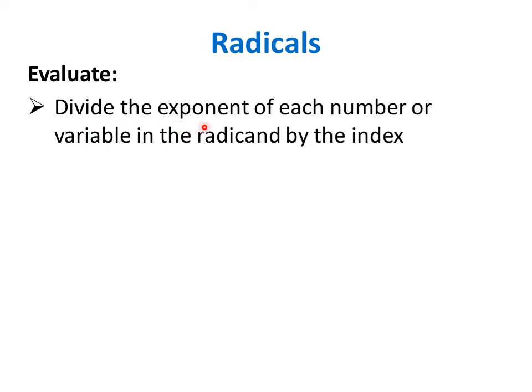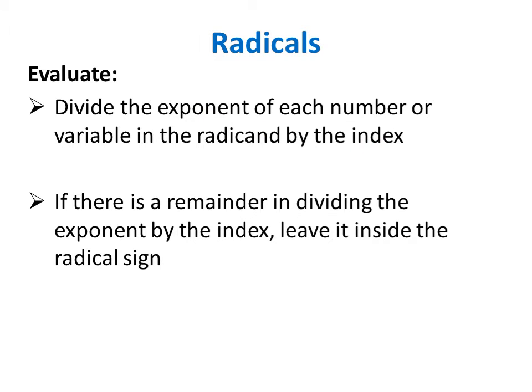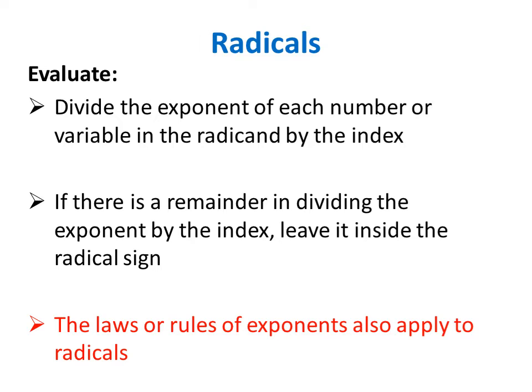Then we divide the exponent of each variable or number by the given index. If there is a remainder in dividing the exponent by the index, we have to leave that remainder inside the radical sign or radical symbol. Of course, we also have to remember that we can use the laws of exponents in simplifying radical expressions.